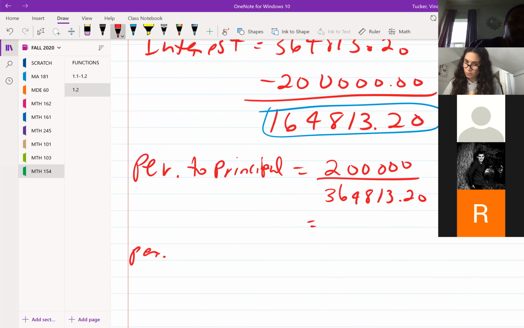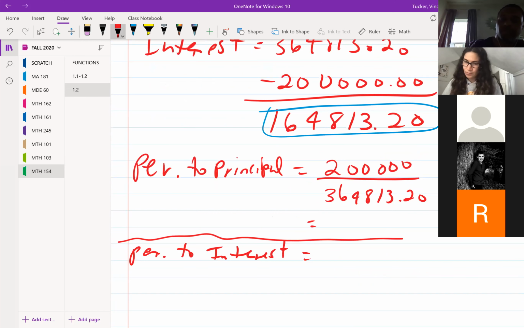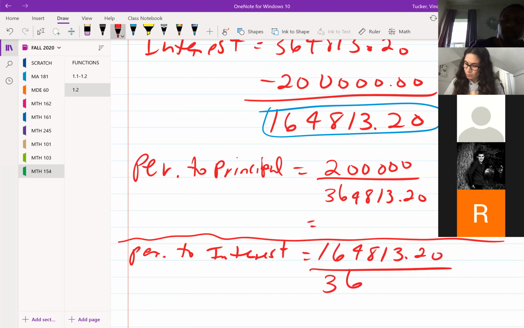Now I'm going to calculate it in a second, but just writing this one out. Percent that you're paying to your interest is that 164,813.2 divided by 364,813.2.